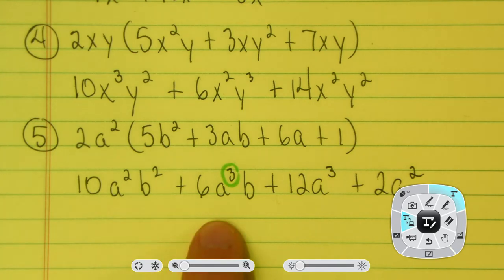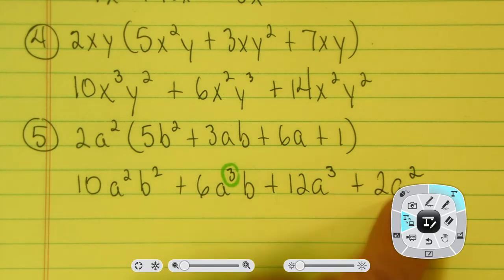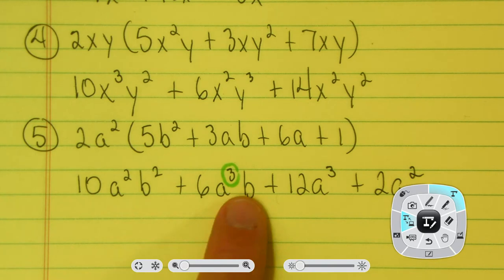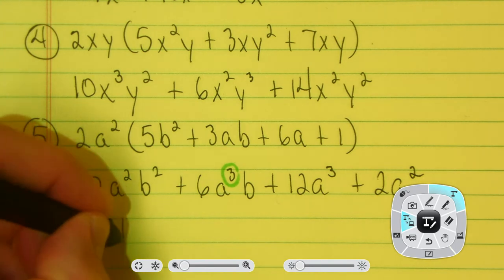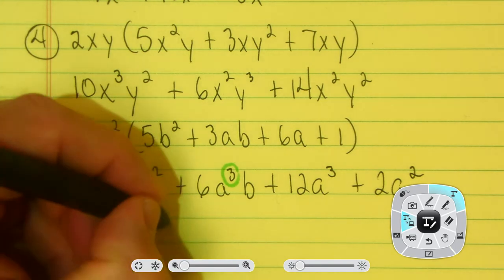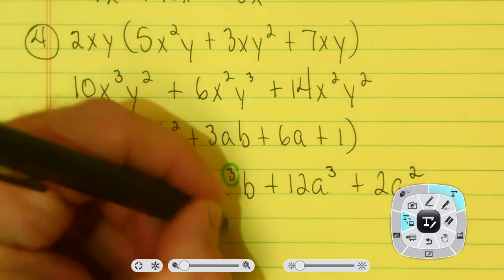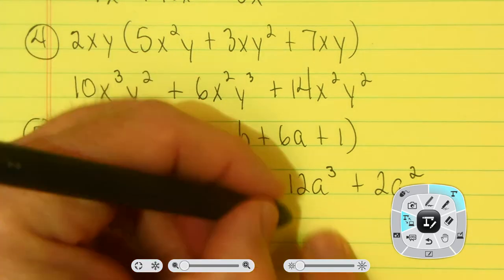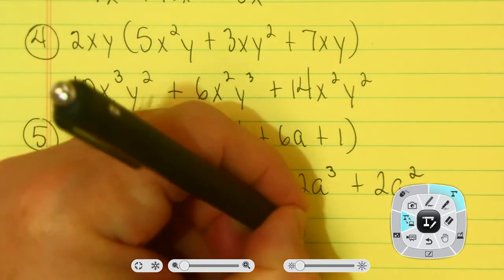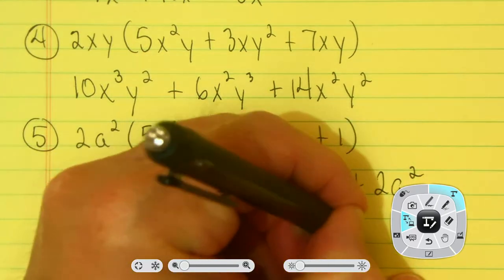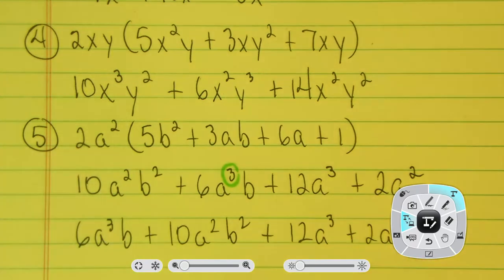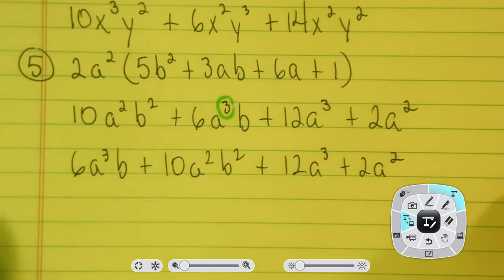That way it's a to the third, a squared, a to the third, a squared, and we put our degrees in relative order. So I'm going to write it this way. It's going to be 6a to the third, b plus 10a squared, b squared, plus 12a to the third, degree of 3, that has a degree of 4 there, plus 2a squared, degree of 2. So I would write it in that manner to keep it in standard form.